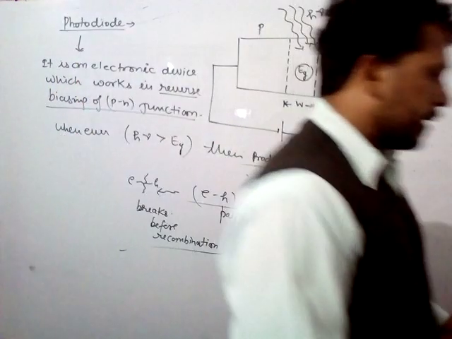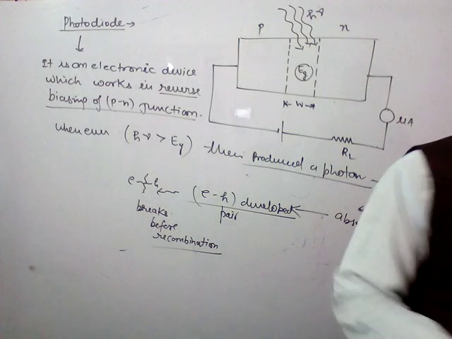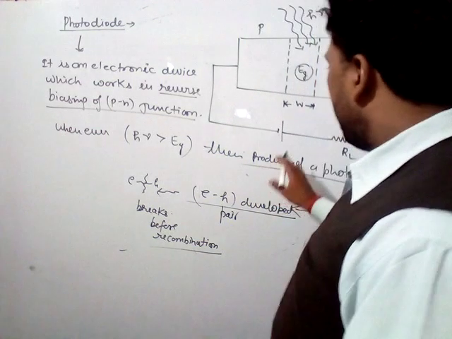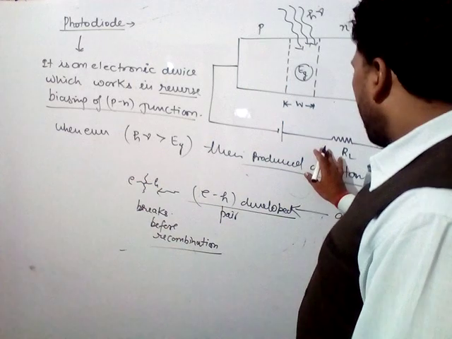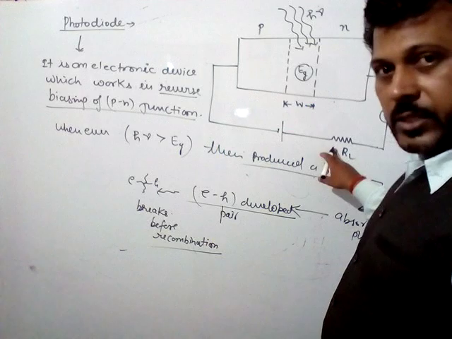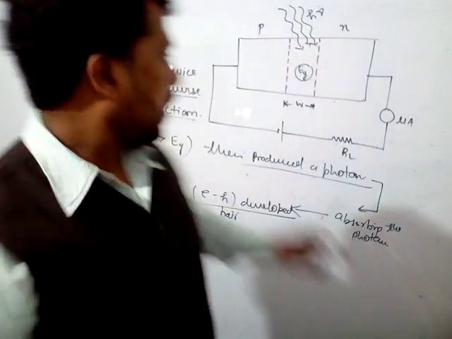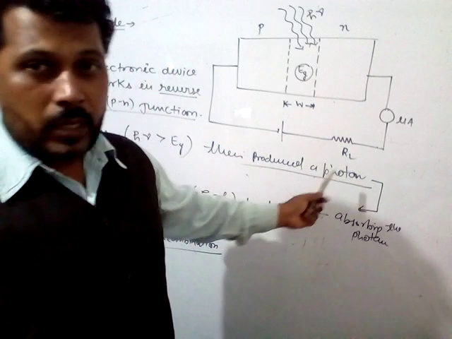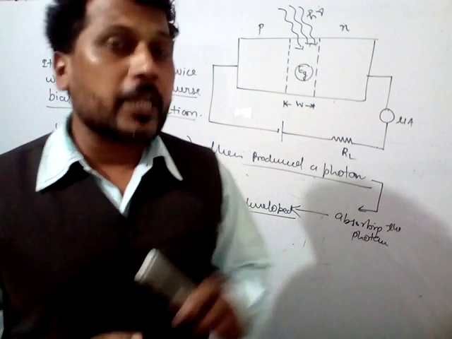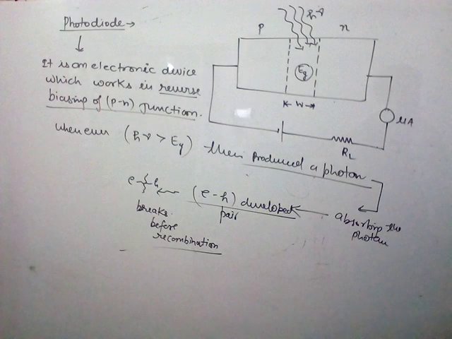Due to this, जैसे ही ये ब्रेक होते हैं, ओके, सो यहाँ पर कुछ करंट का फ्लो होता है. Some current will develop and produce some EMF, and that will be obtained from this load which is attached in this circuit. Here some EMF is produced which is obtained through this load, and in this way we can say that this photocurrent is directly proportional to the intensity of the light that falls on it.